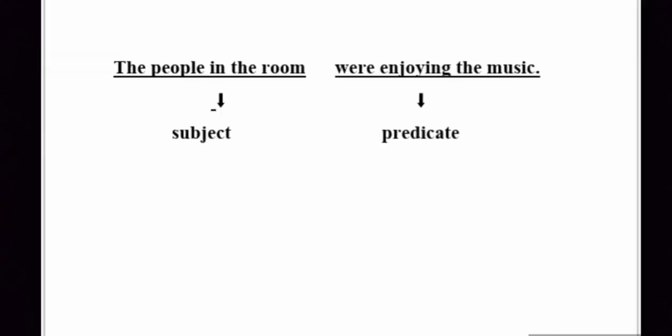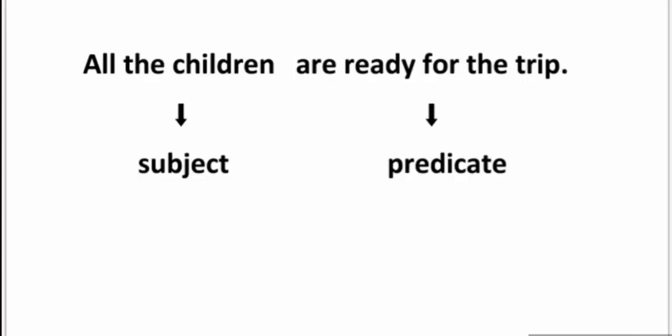The people in the room were enjoying the music. The people in the room, subject, were enjoying the music, predicate. All the children are ready for the trip. All the children, subject, are ready for the trip, predicate. Alright.